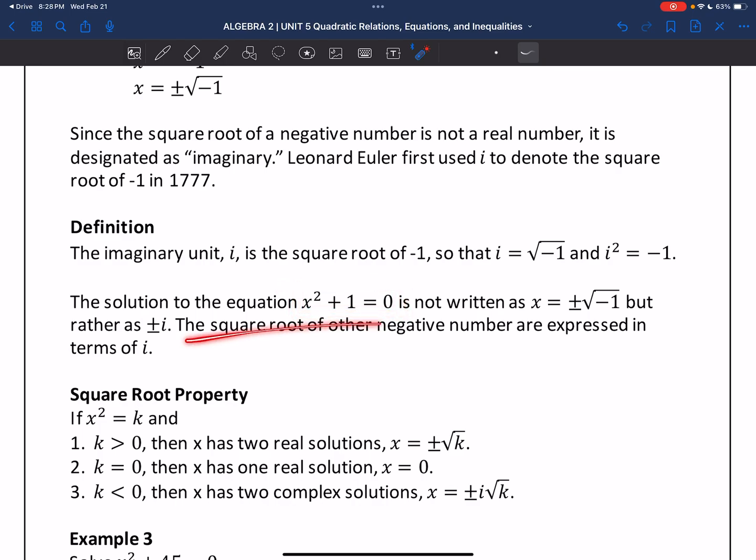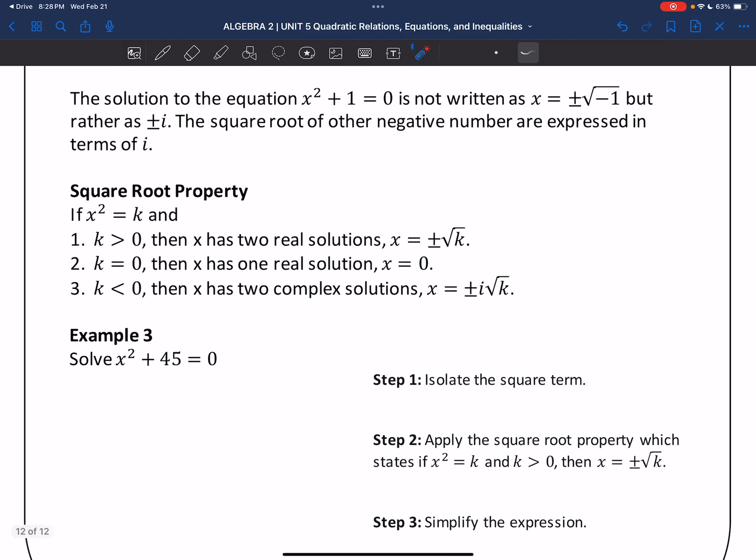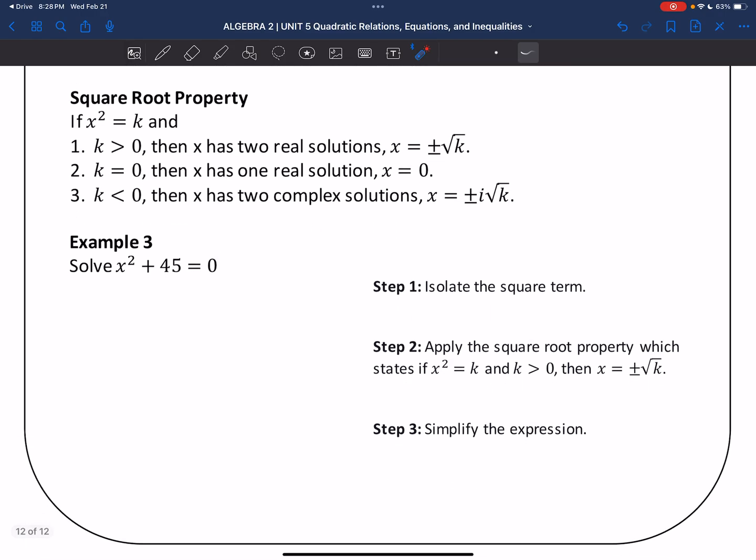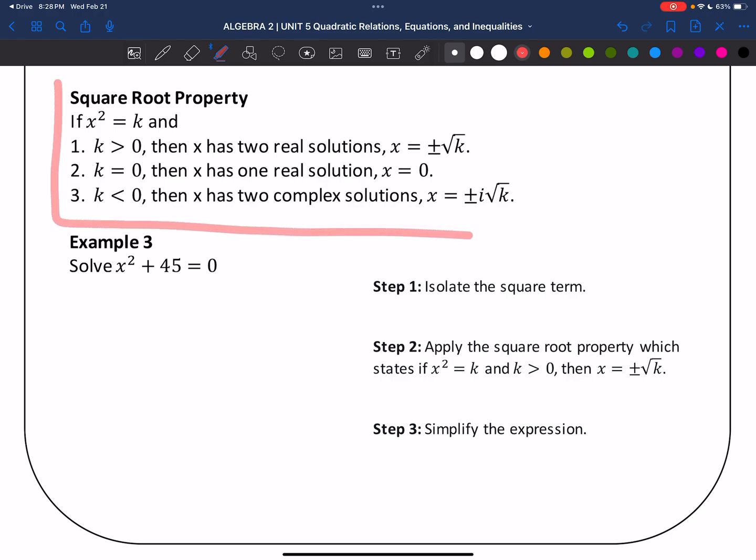And the square root of other negative numbers are expressed in terms of i. We are going to see an example down below. So before we look at that example, just a really important synopsis is right here. This is our square root property. It says that if we have x squared equaling some constant k, there are three different kinds of results.